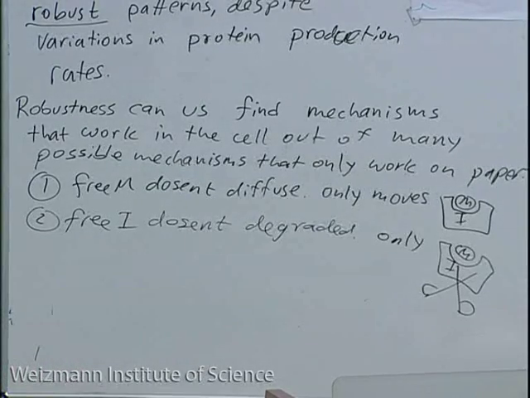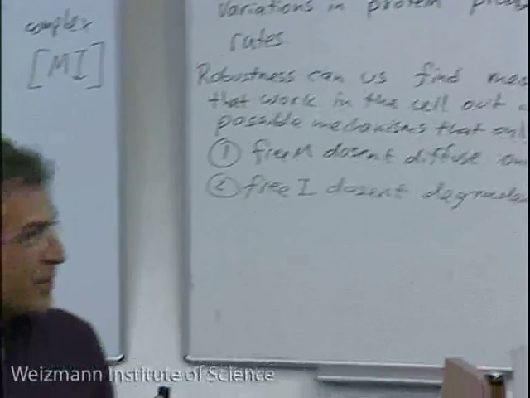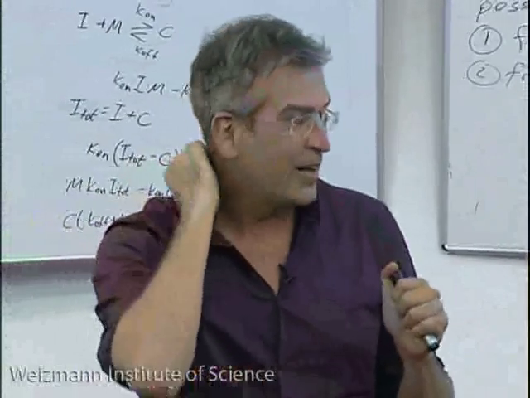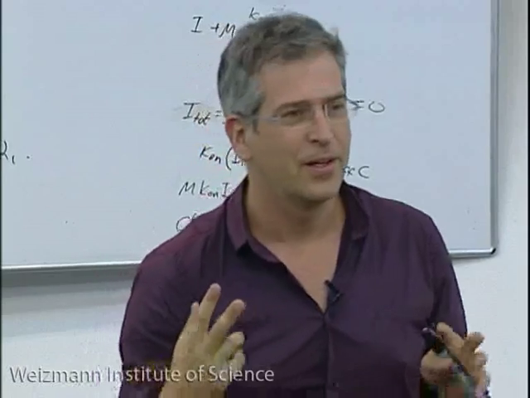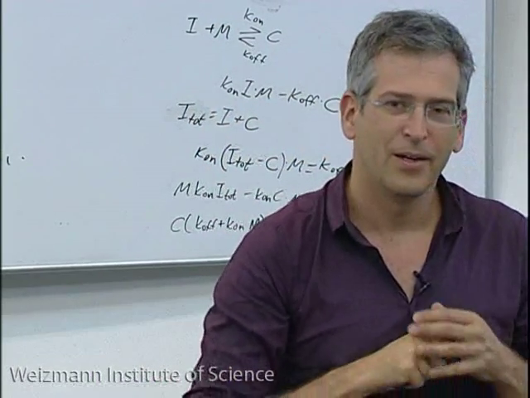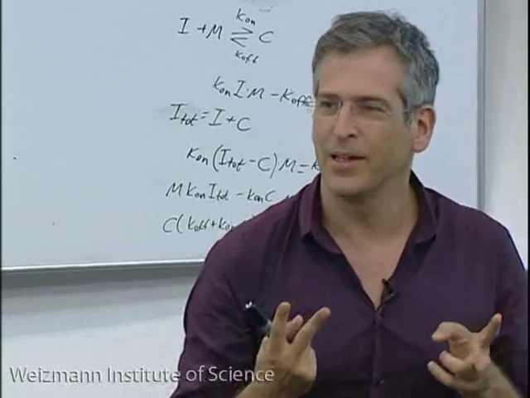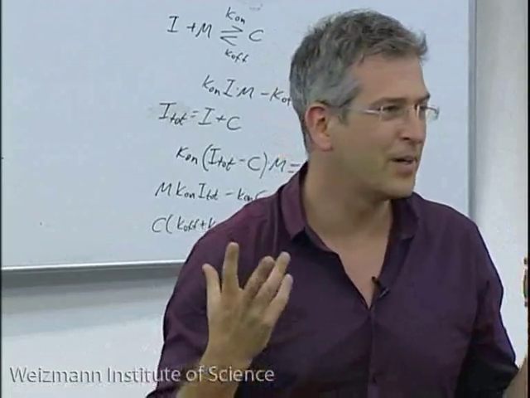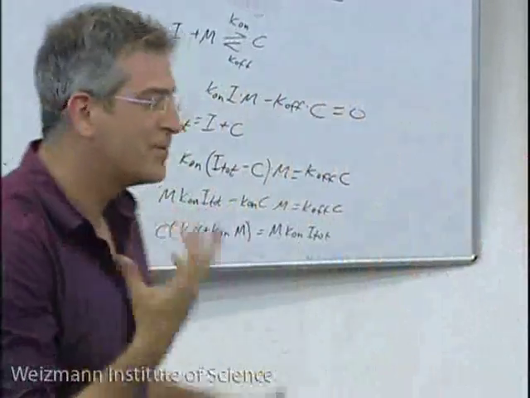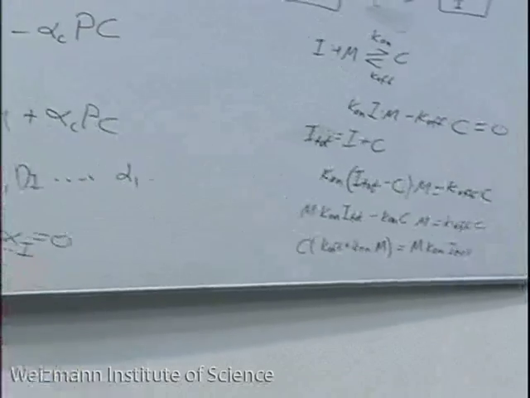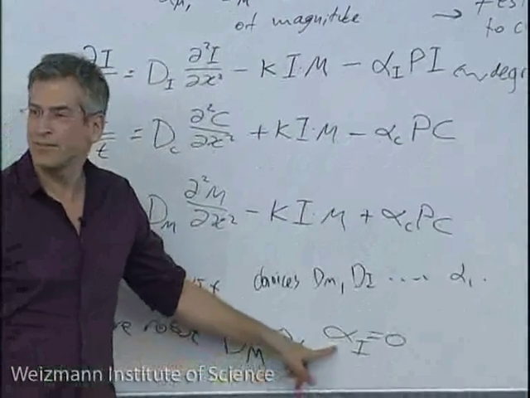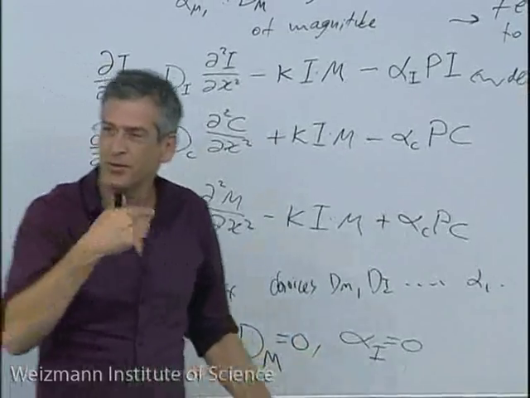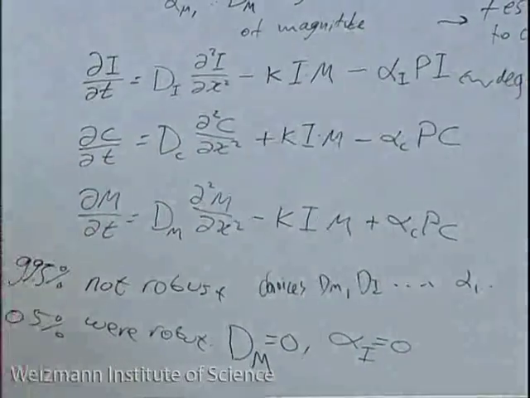If you want robustness, you need these two weird features. And I'll try to explain why those two features give you robustness now. But they're definitely not something you might have thought about. And they are also things that you can experimentally test. You just need to know to look for these kinds of things.